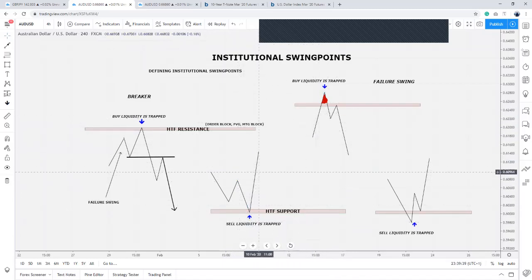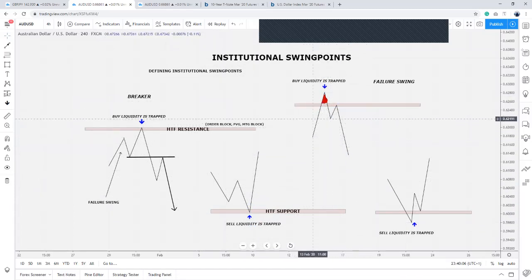For price to move up to the upside, someone needs to offer a sell side for the buy side, for price to be priced higher. Someone needs to sell to the next person for the next person to buy. So for the market to make a turning point, it needs that liquidity to make that turning point. The market cannot just get to a level and make a turning point at that level. Someone needs to be offering the buy side and someone needs to be offering the sell side.